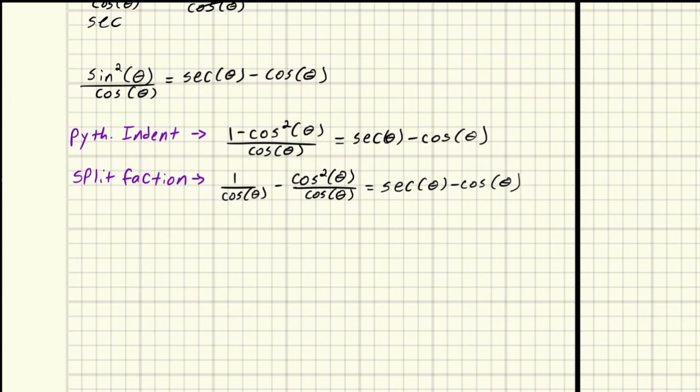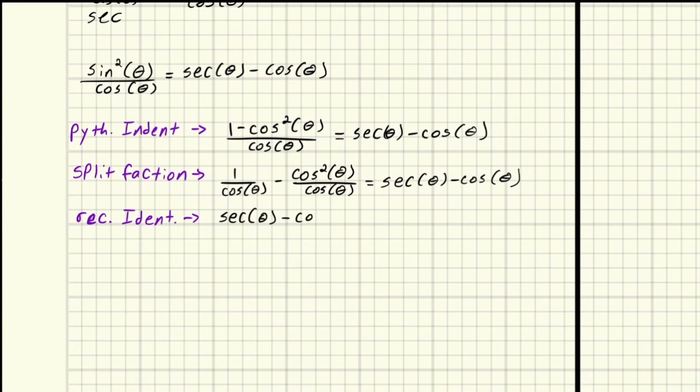After we split the fraction, it's bad math manners to do two things in one step. It really depends on the class you're in and what level is expected. So we're going to do them in separate steps. We're going to use a reciprocal identity, and this will give us secant theta minus cosine squared theta.